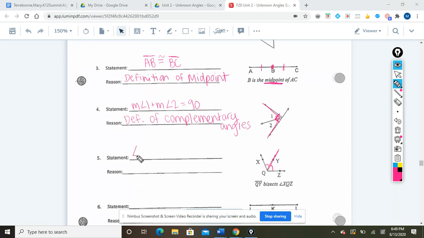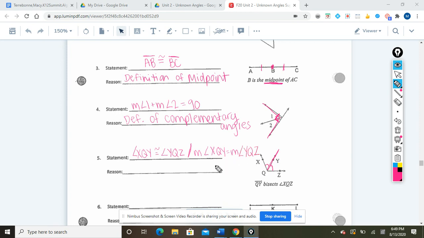So we're going to say angle XQY, which is the one further to the top, is congruent to angle YQZ. And if we wanted to talk about the angle's measures, we would just put the little m in front and say the measure of angle XQY is equal to the measure of angle YQZ.